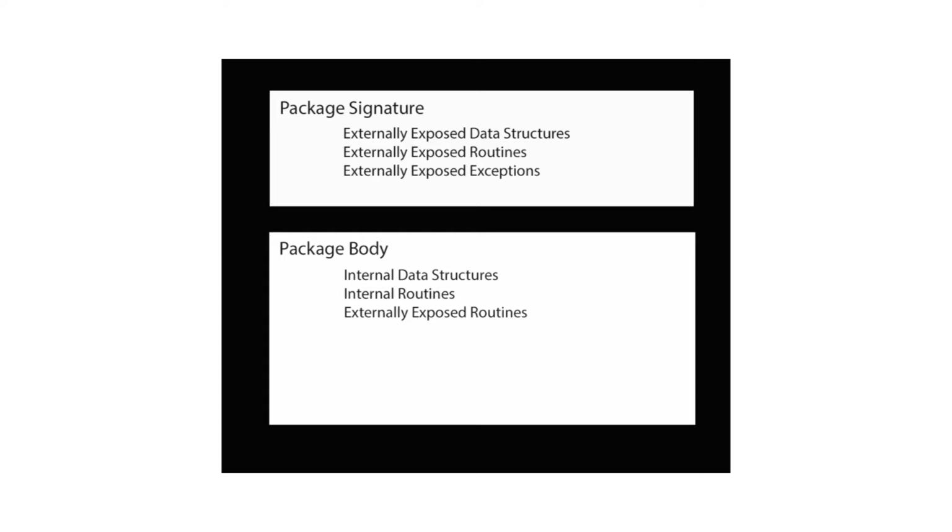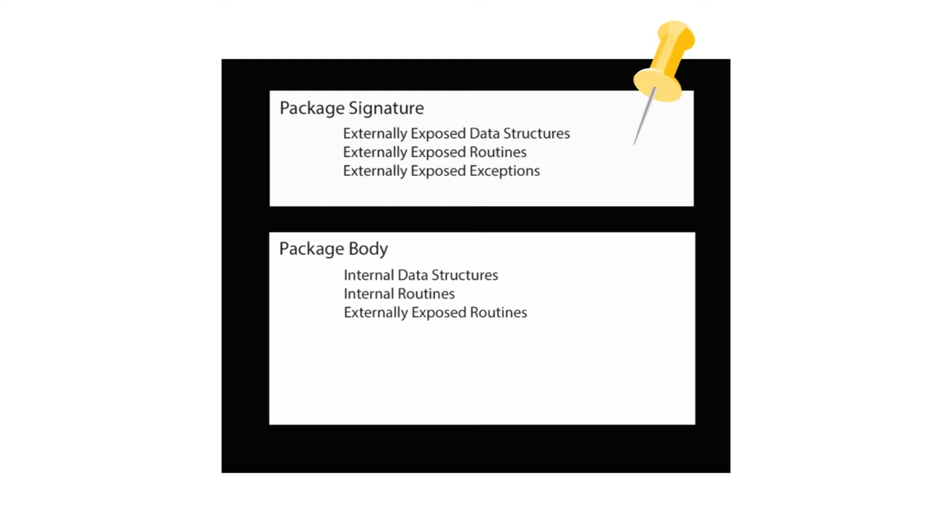All right, now we're ready to start discussing our user management package. Like all packages, our user management package is defined via two parts, the package signature and the package body. The package signature is the outward pointing part of our package.